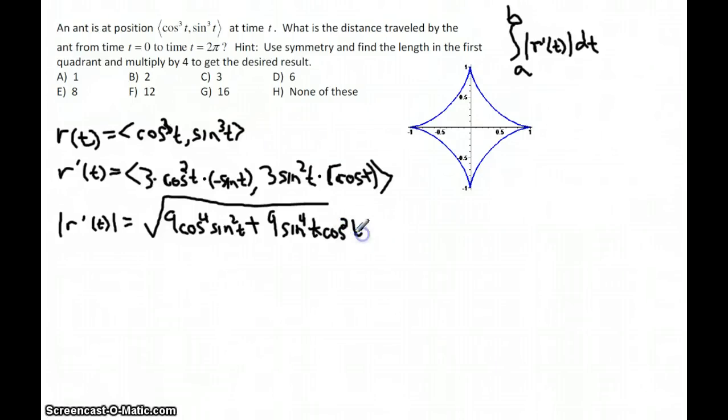Now, it's going to benefit us to take advantage of a trig identity. If we factor out what these have in common, or actually just factor out the 9, but they also have a sine squared in common and a cosine squared in common. So let's take out more than just the 9.